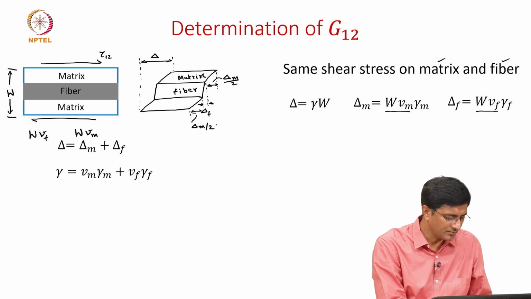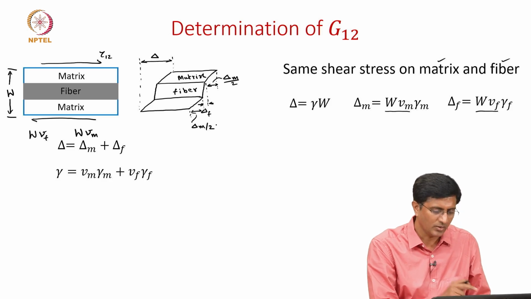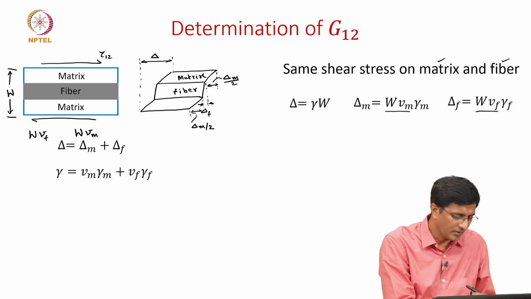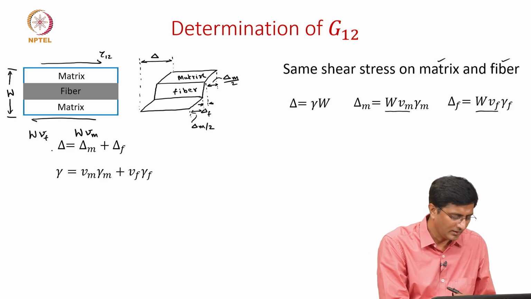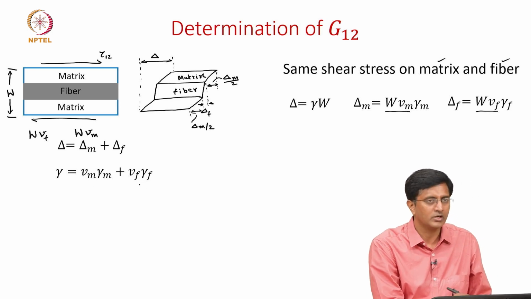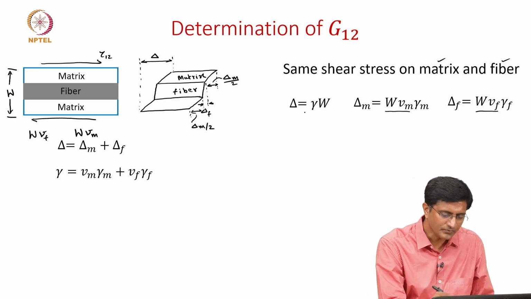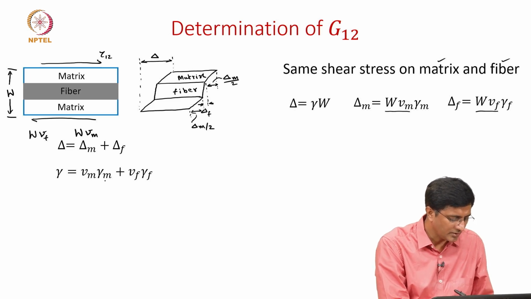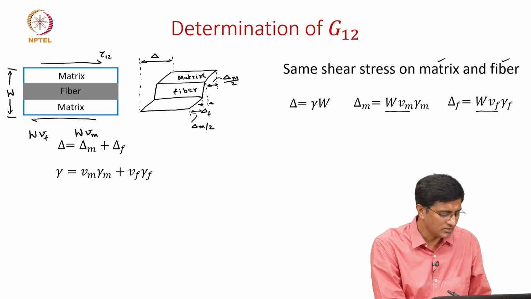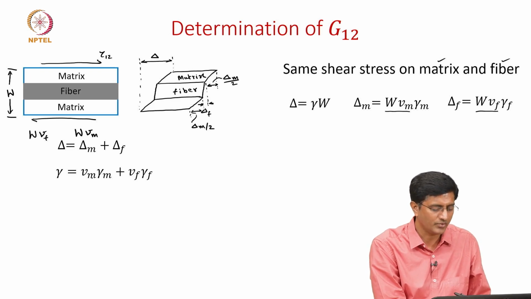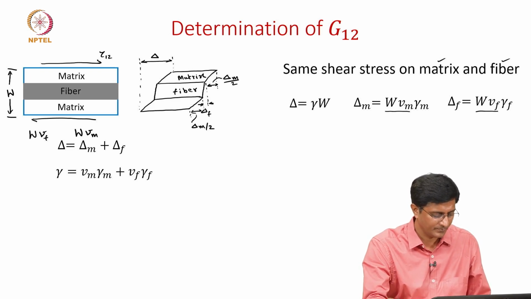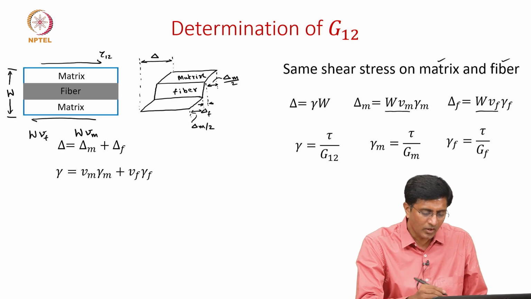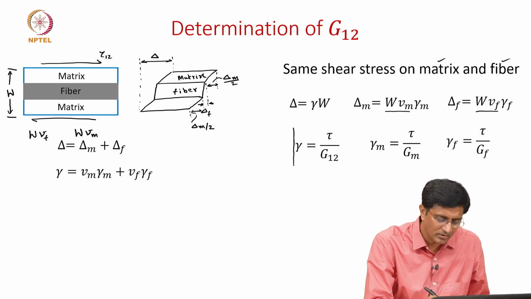Now we write it in terms of the shear strain gamma. How did we write it? We multiplied both sides with W, and then W is taken in the denominator. So the total shear strain is simply written in terms of the individual shear strains times the volume fractions.